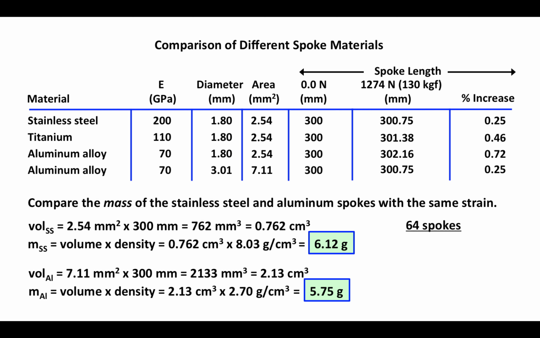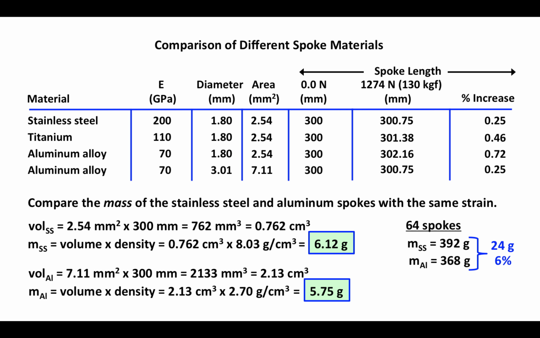If we have 64 spokes, then we have a mass of stainless steel of 392. Aluminum would be 368. We have a difference there of 24 grams, which is about a 6% reduction in the mass, which is, for a road bike where you want speed and good aerodynamics, it's not a good trade.